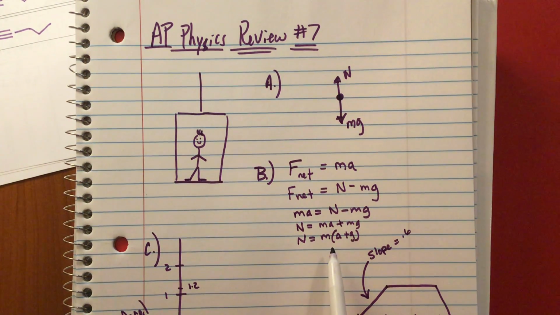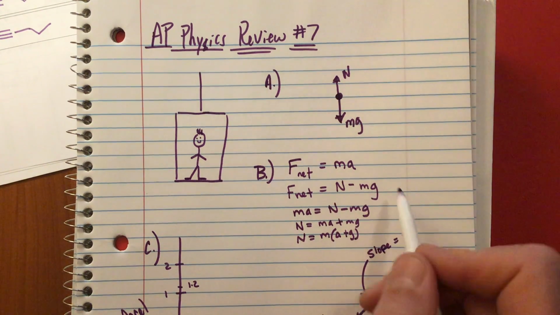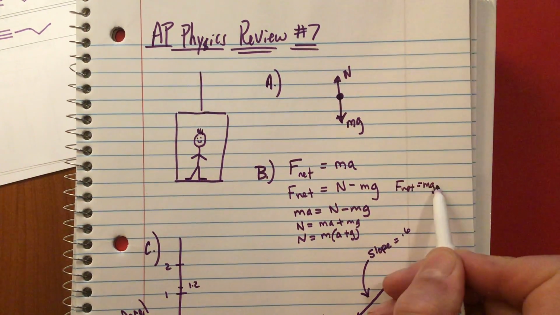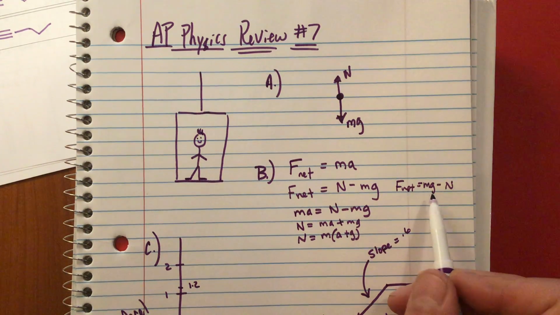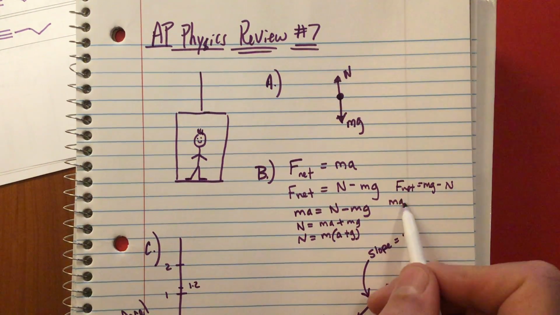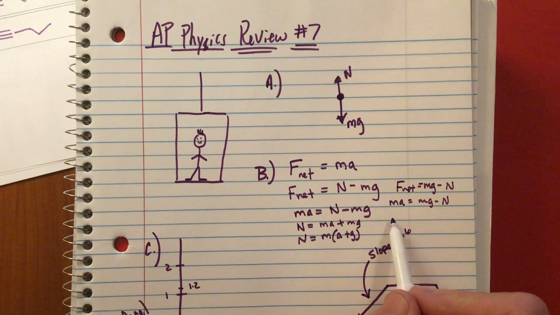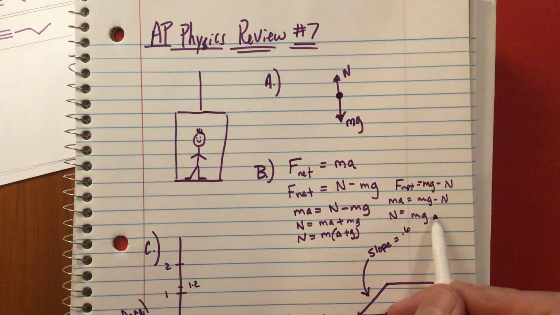If the acceleration was down, then this expression would be different. The net force would be the weight of the student minus the normal force, because the normal force would be less than that of the weight of the student. So then that would give me ma equals mg minus N, where now I would have N equaling mg minus ma.